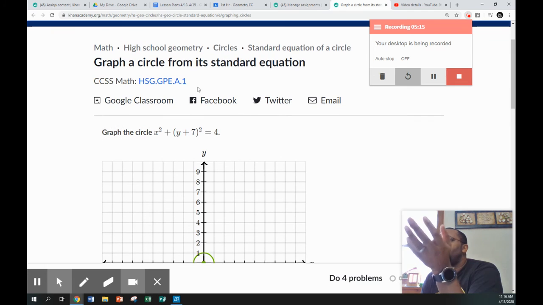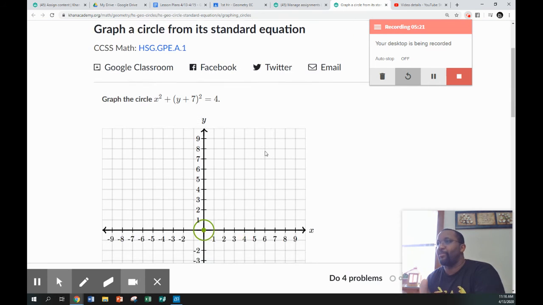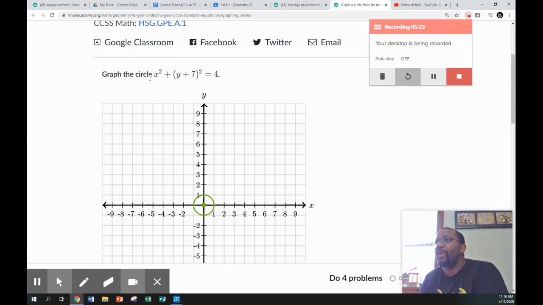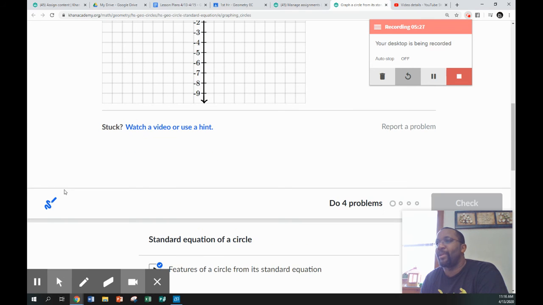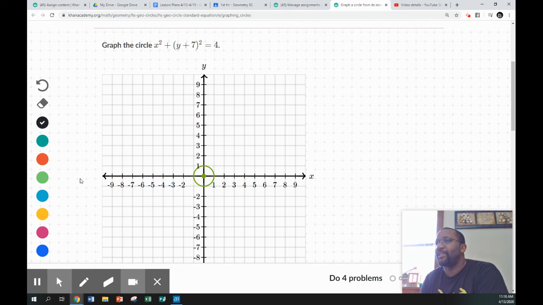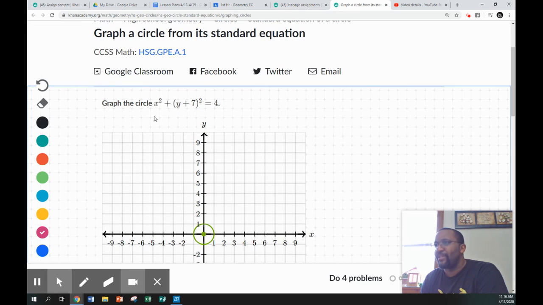So now I'm doing graph a circle from a standard equation, and this is nice because I really just have to go backwards from what we were just doing. So graph this circle. Once again, this x squared I could think of as x minus nothing squared.